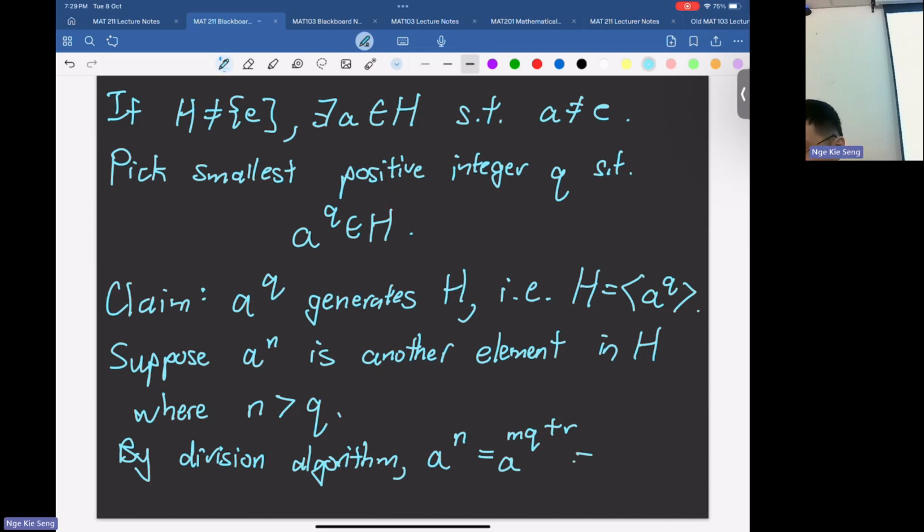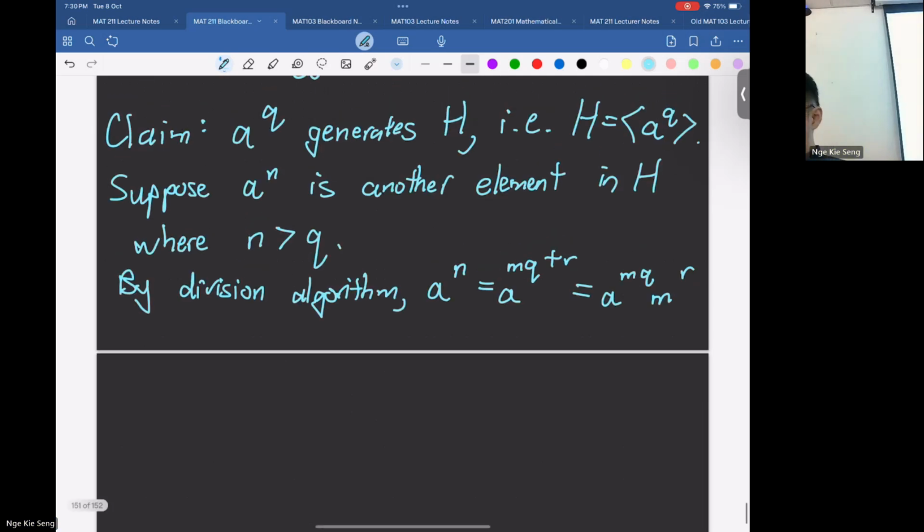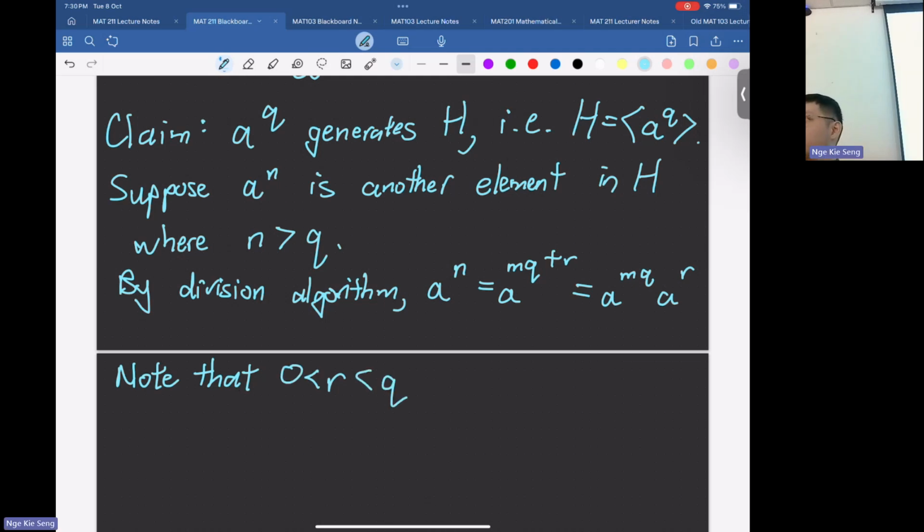And then this means we can write this further as A^(mq) times A^r. So what do we see here? After the division algorithm, what is this r? r has to lie between 0 and q, strictly less than q, because it's a remainder.